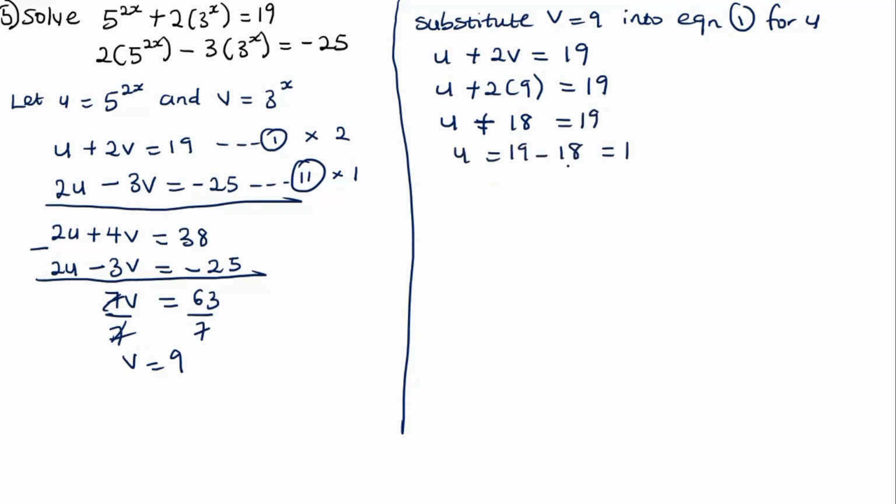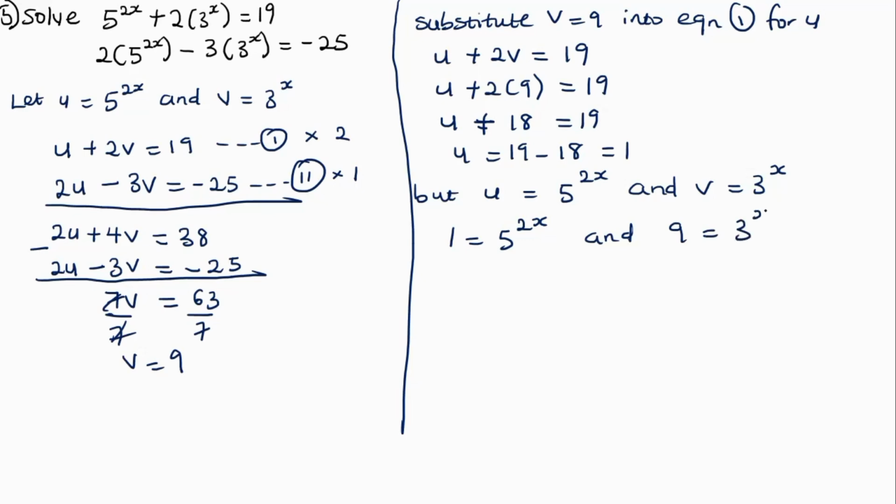But recall that u is equal to 5 raised to the power of 2x and v is equal to 3 raised to the power of x. But u is equal to 1, so we have 1 is equal to 5 raised to the power of 2x, and v is equal to 9, so 9 is equal to 3 raised to the power of x.